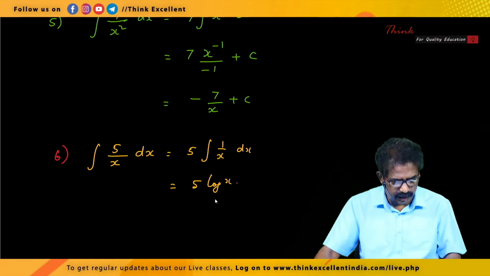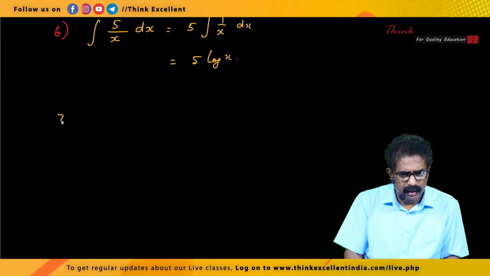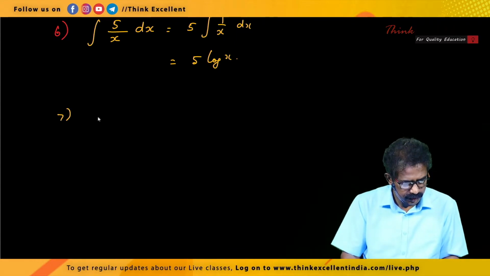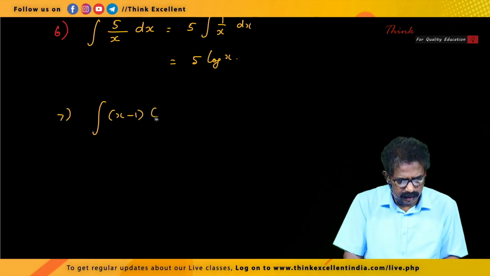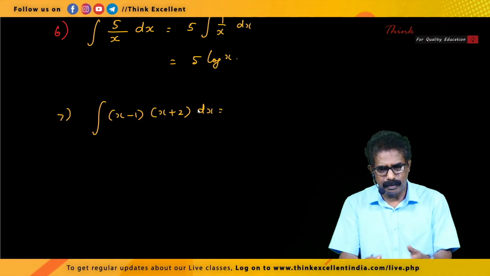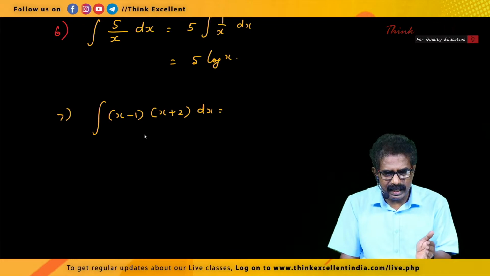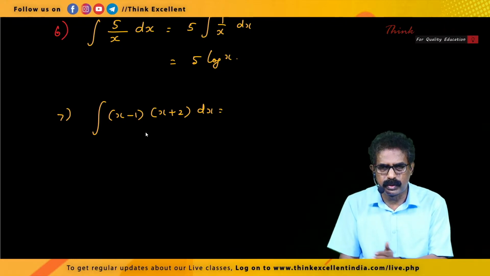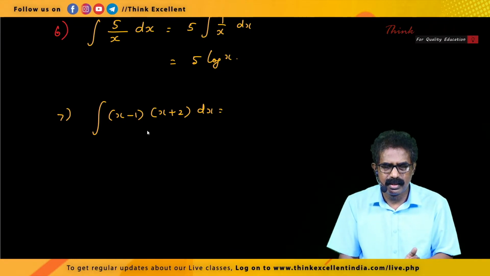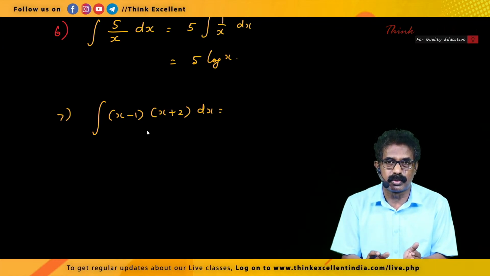Okay, now let's continue. Suppose the question is integral x minus 1 into x plus 2 dx. How can we do this? Gradually we go to the next level. What's the method here? We did some questions like this in differentiation. Don't apply the product rule.